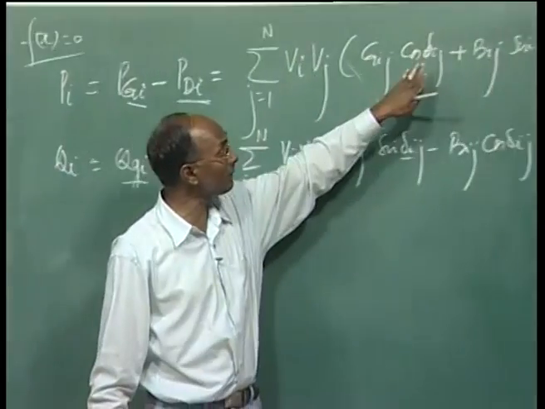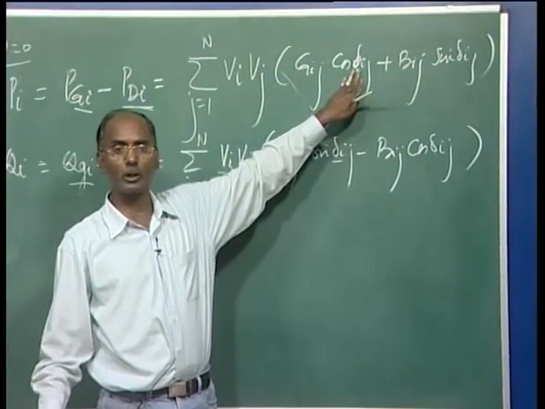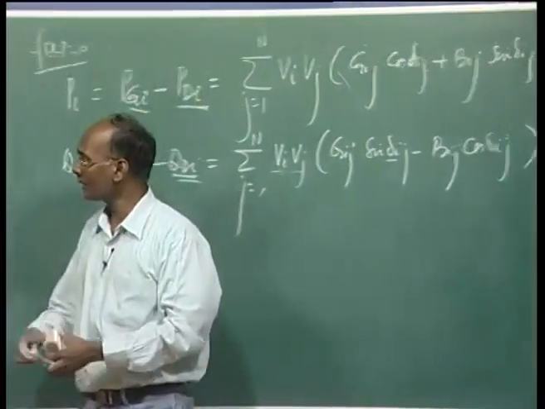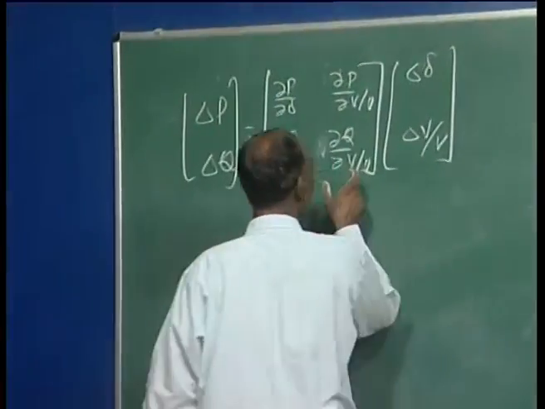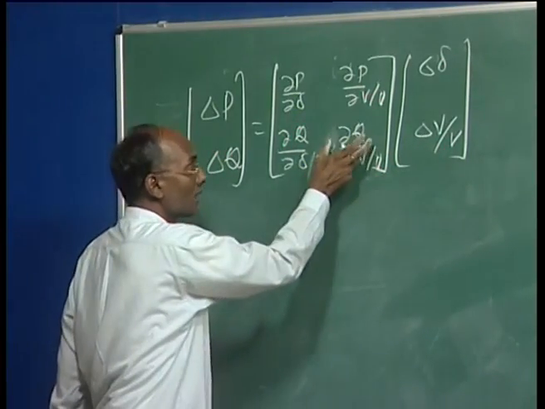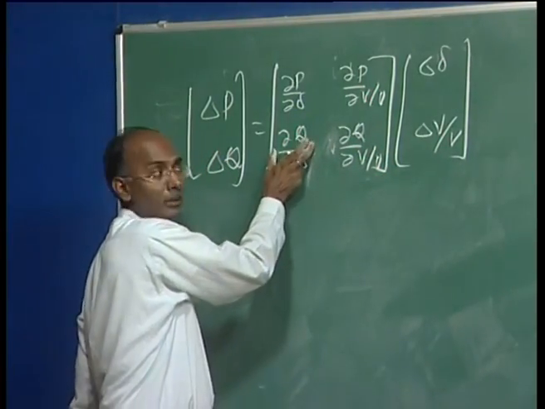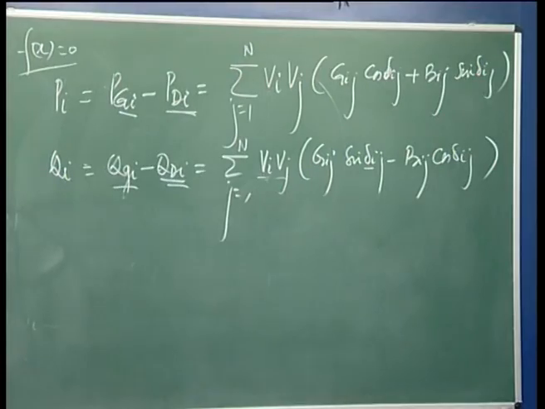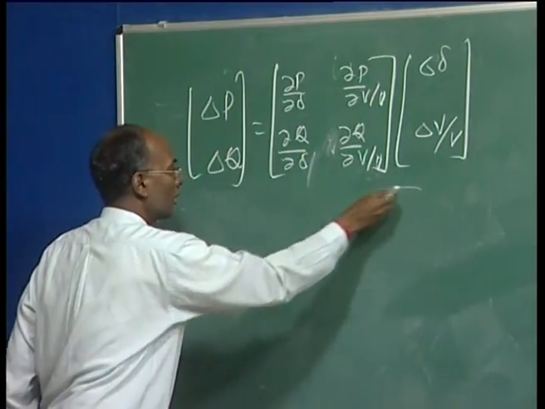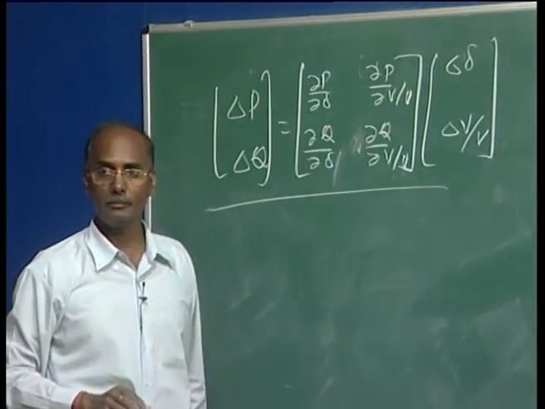If you differentiate with the delta, the sine becomes cosine and cosine becomes sine, and this is the voltage quadratic. So, it was found to be more convergent if you use ∂Q upon V, because this is already quadratic in terms of V_i, V squared, and the cosine and deltas. So, this is your Newton-Raphson method in polar coordinates.